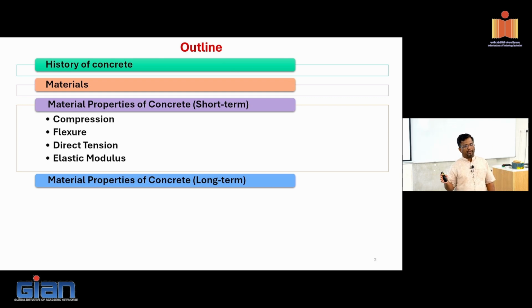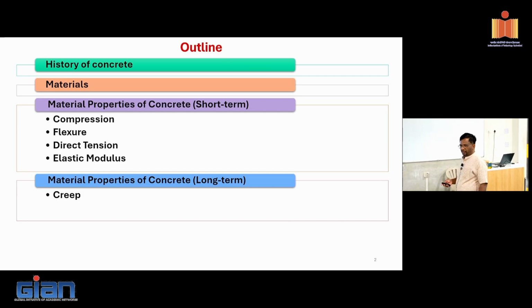We at IIT Hyderabad, particularly my research group, are doing a lot of work on ultra-high performance concrete. For the last 7-8 years, 2-3 PhD students have been working on it. I'll briefly highlight it because I personally believe UHPC has a very strong role to play in precast systems as well. And we'll get into some aspects of long-term properties like creep and shrinkage.